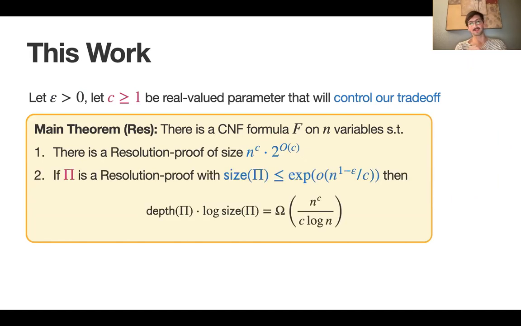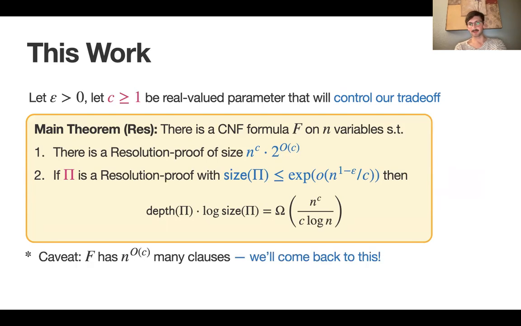However, any resolution proof of size roughly sub-exponential must satisfy the following relation, that the depth of the proof times the log of its size has to be about n to the c. Okay, and so instantiating the value of c here will give us the previous two trade-offs that I showed you, and smooth results in between.